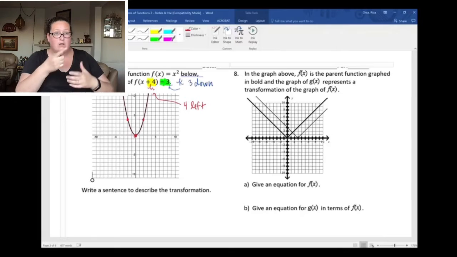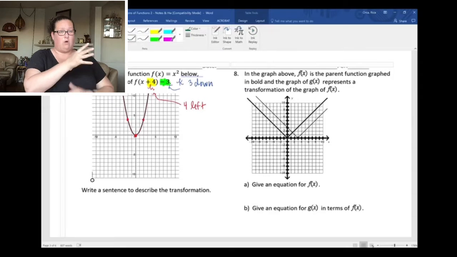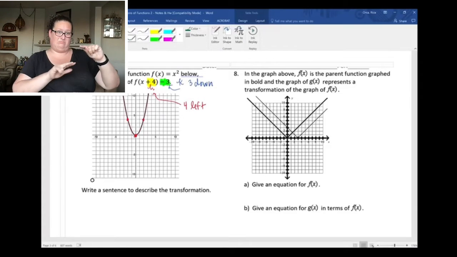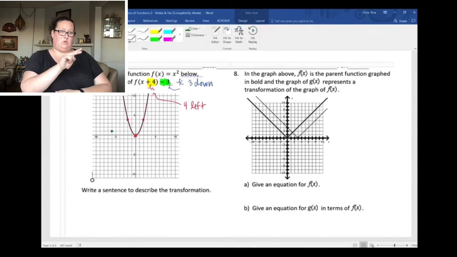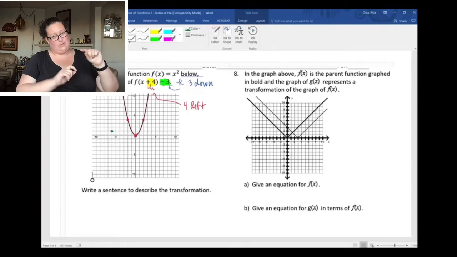Let's move -2, 4 first. So let's move it 4 units to the left, 1, 2, 3, 4, and 3 units down, 1, 2, 3. Now let's move 0, 0, 4 units to the left, 1, 2, 3, 4, and 3 units down, 1, 2, 3.